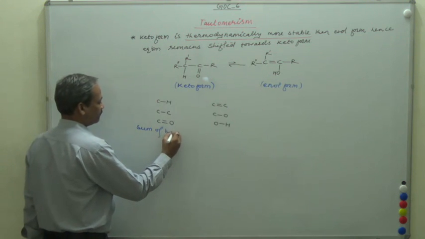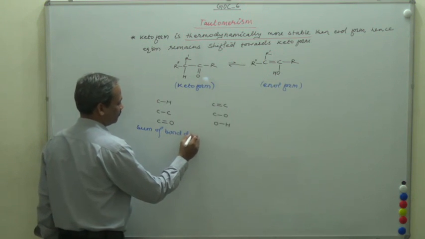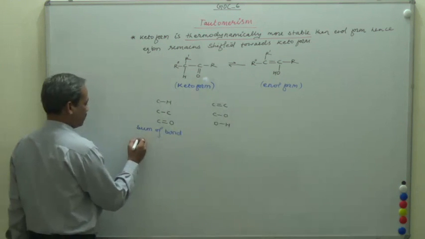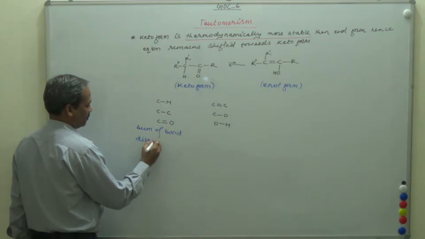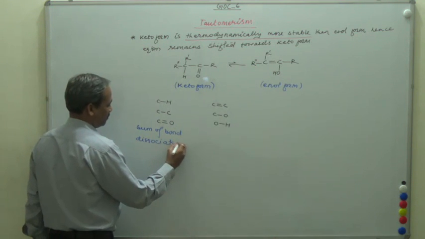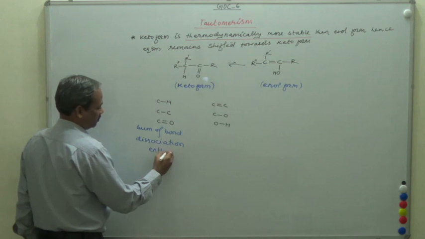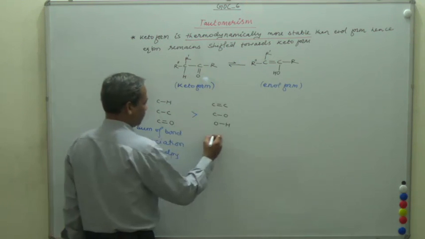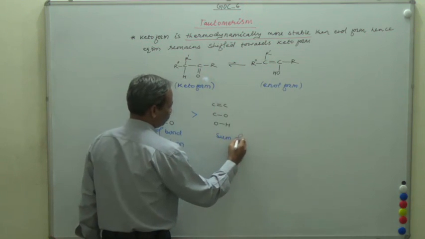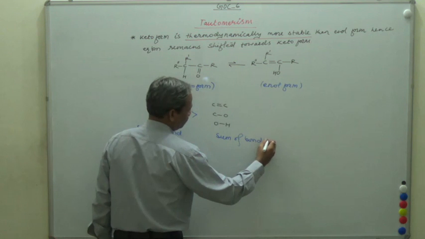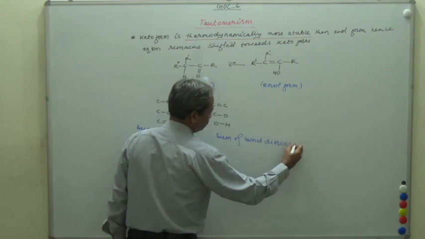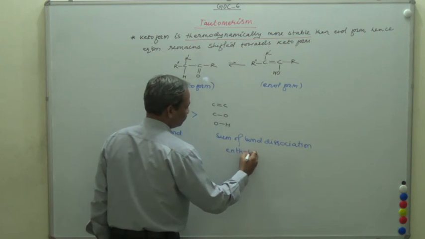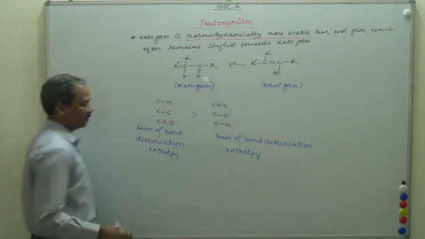Sum of bond dissociation enthalpy is more than the sum of dissociation enthalpy for these three bonds.